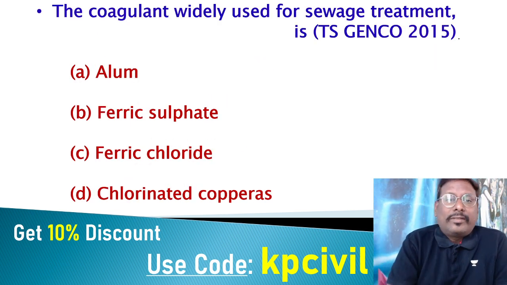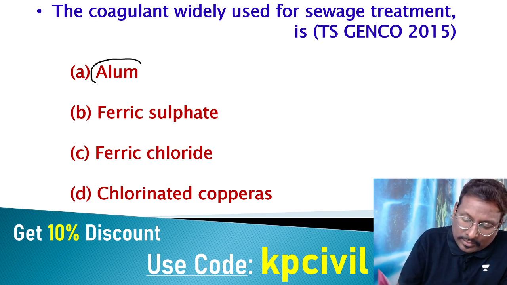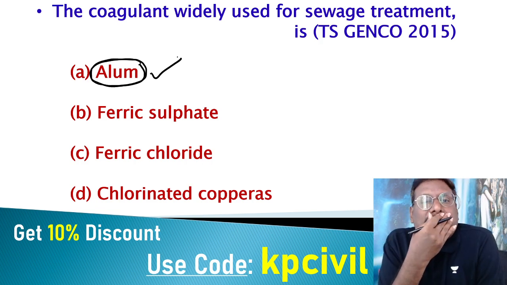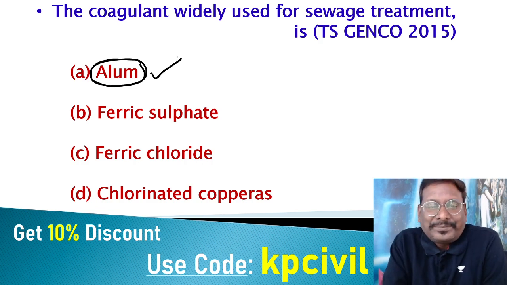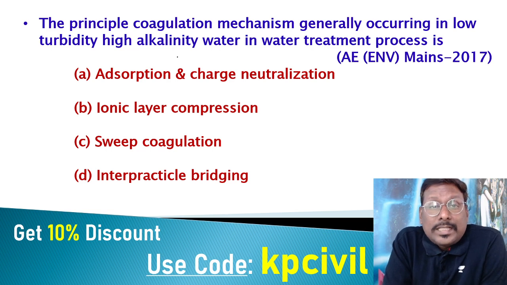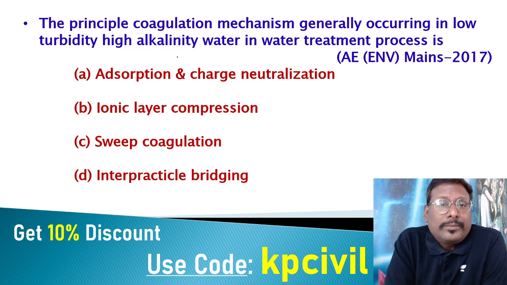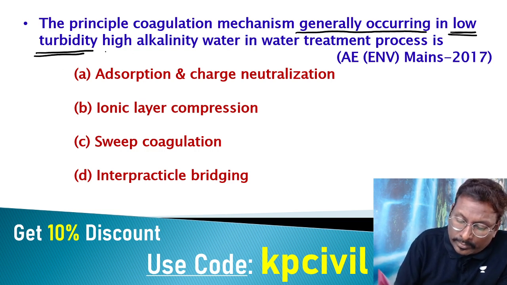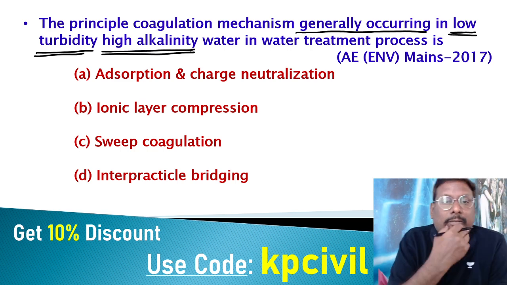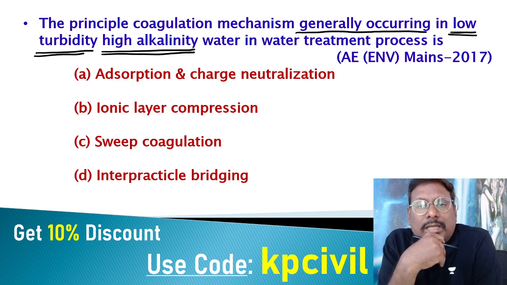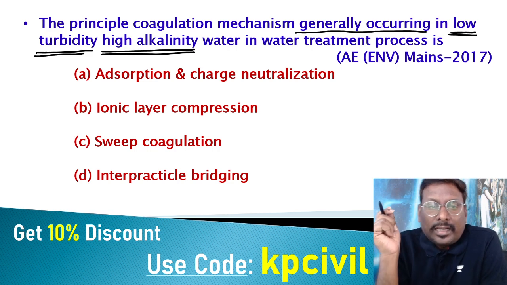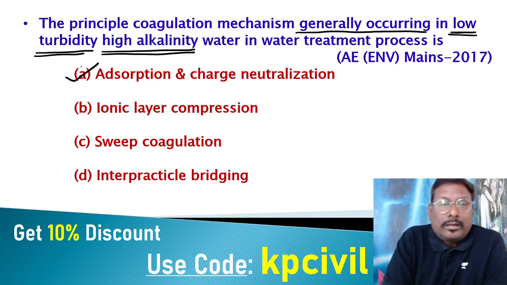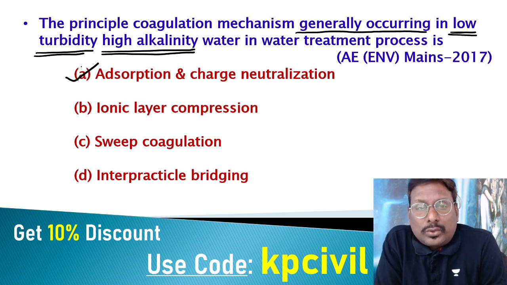The coagulant widely used for sewage treatment, whatever treatment methods, coagulant used is always alum. Principal coagulation mechanism generally occurring in low turbidity and high alkalinity water: adsorption and charge neutralization.